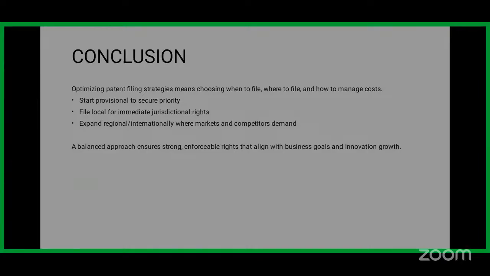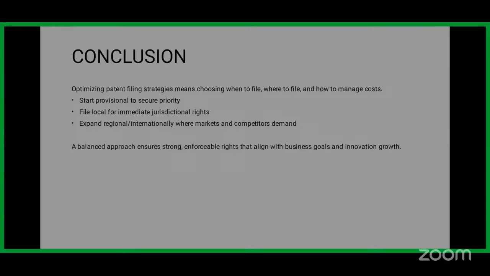So filing a provisional application can help you secure an early spot. Then also you can decide to file in your country, you can decide to file regionally, you can decide to explore the international route. So all these are under the question of where to file.